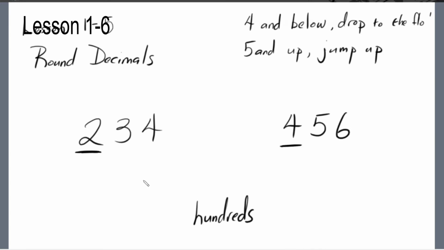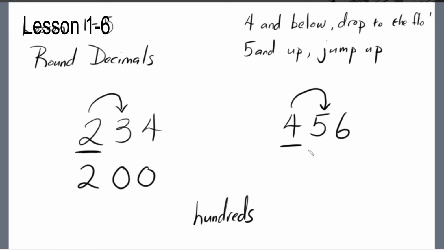And then when you're rounding to the nearest hundreds, you're actually going to look at the neighbor to the right, and we're going to follow that rule. So the neighbor is either going to be 4 and below or 5 and up. So this is going to be 4 and below because 3 is less than 4. So that means we're going to drop to the flow. That becomes a 0. That becomes a 0. And the 2 won't change. It'll stay the same.